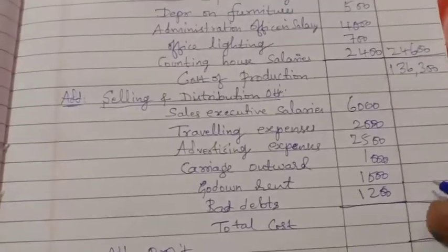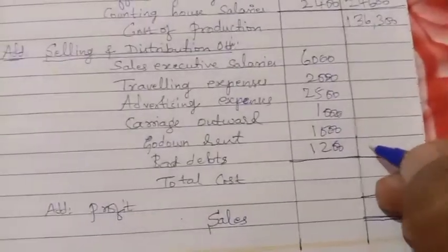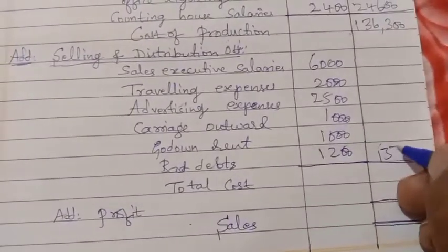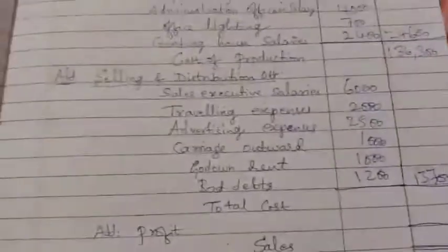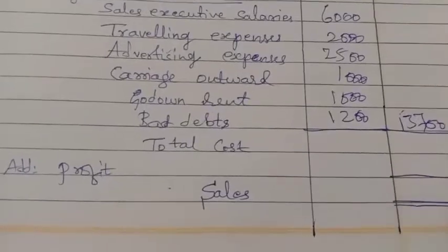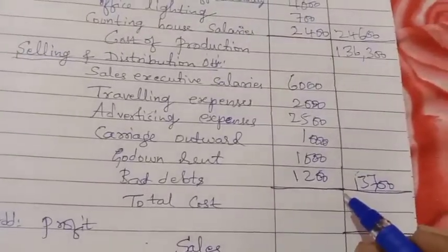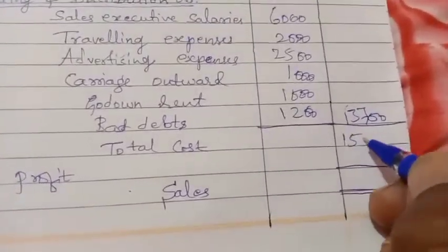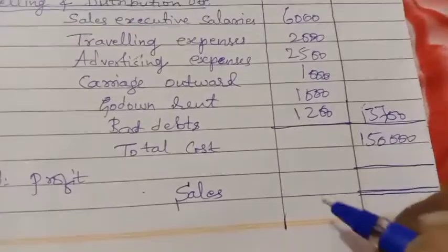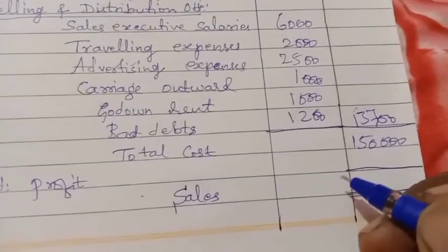This total is 13,700. This 13,700 should be added with 1,36,300. Once you add, we get 1,50,000. Now we have the total cost.